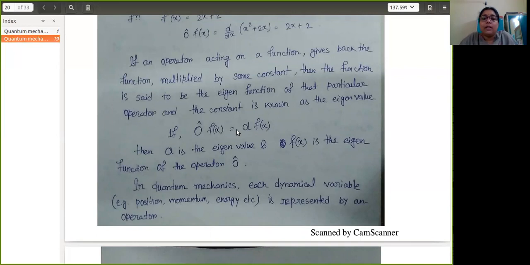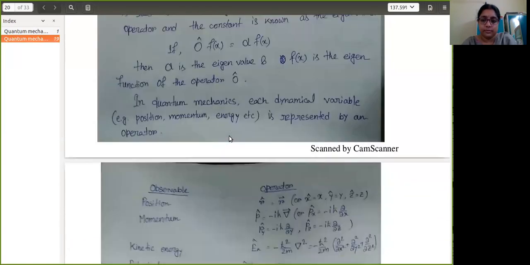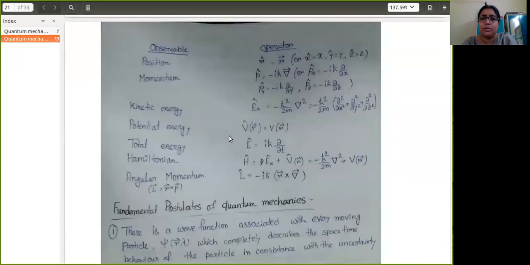Now, in quantum mechanics, each dynamical variable is represented by an operator. For example, position, momentum, energy, all are represented by mathematical operators. So here is a list of those observables and operators.